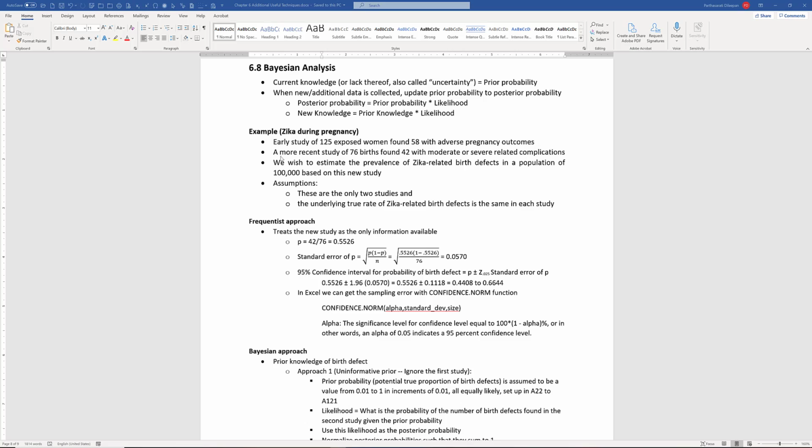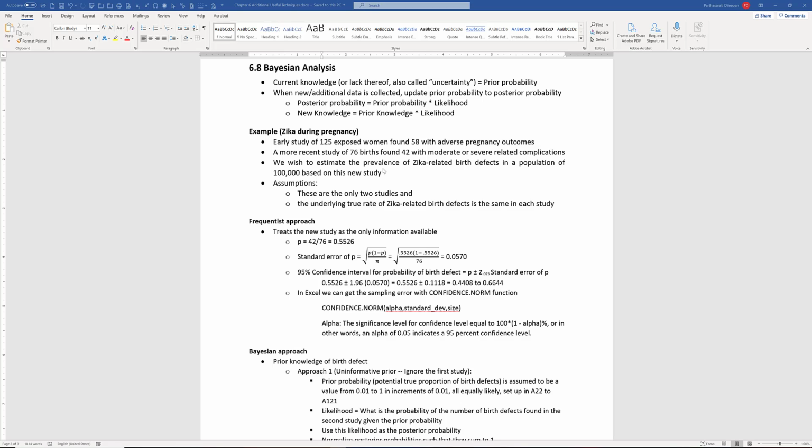Then there is a more recent study of 76 births by women infected with Zika virus, and 42 were found to have severe related complications. So now how do we take that information and estimate the birth defects in a population of 100,000 based on this new study?